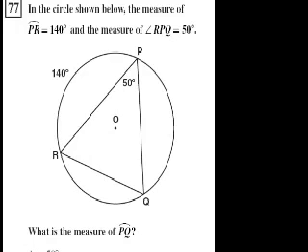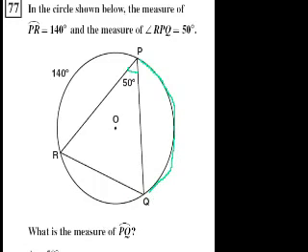Problem 77. In the circle shown below, the measure of arc PR is 140 degrees. The measure of angle RPQ is 50 degrees. What is the measure of arc PQ? What is this arc right there?